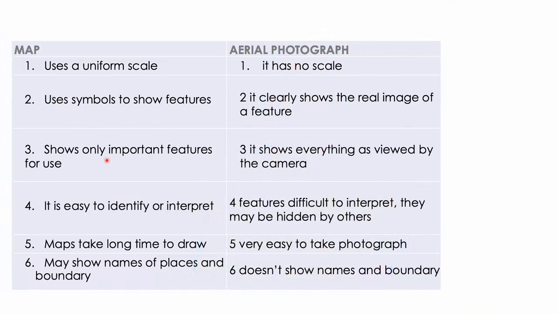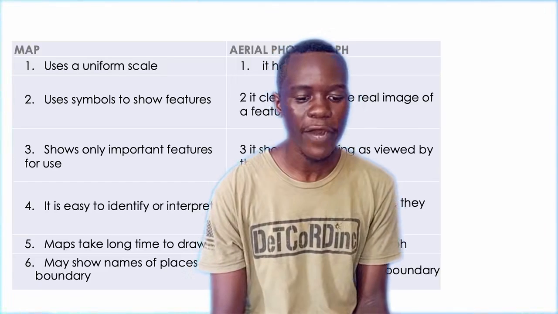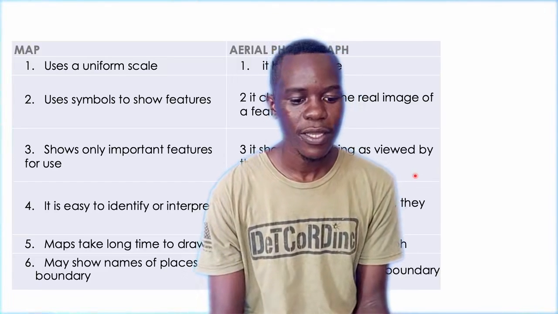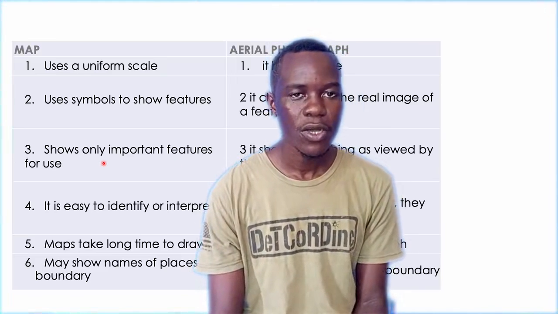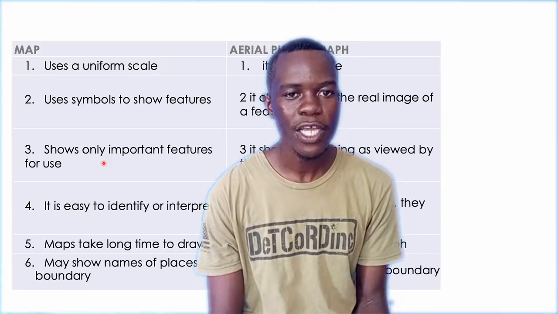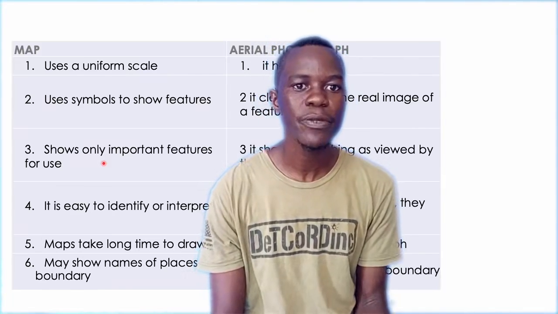The other difference is that a map shows only important features for use, while an aerial photograph shows everything as viewed by the camera. So in simple terms, on a map, a cartographer can choose what to include, and this depends on the purpose of the map.